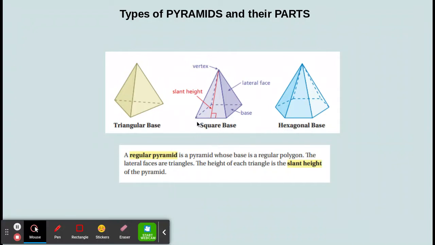The other thing to note here is that the height of this triangle is called the slant height of the pyramid. So the height of the triangle on your lateral face is actually the slant height of your pyramid.